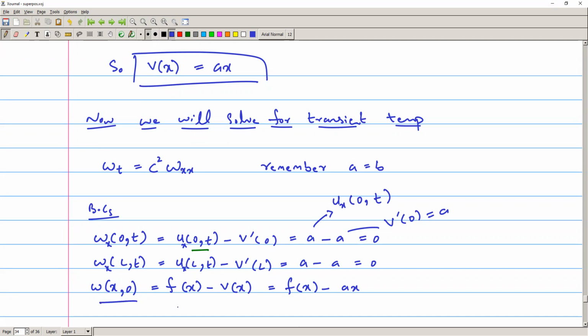Then the initial condition will be W of x comma 0 equal to f of x, because U of this is actually U of x comma 0, and this negative V of x we already found here, right? So we can write f of x minus Ax.